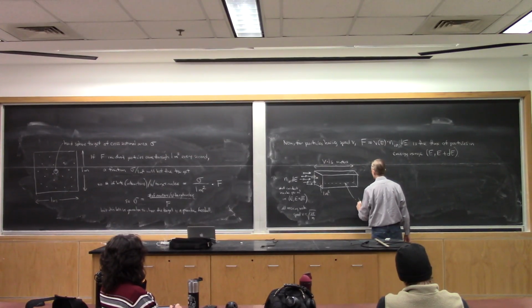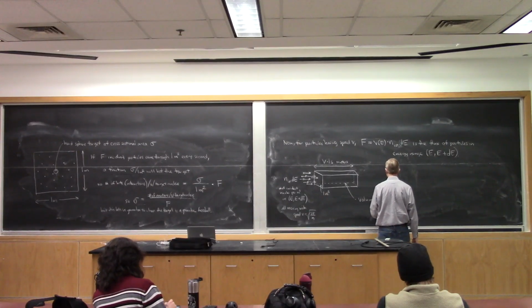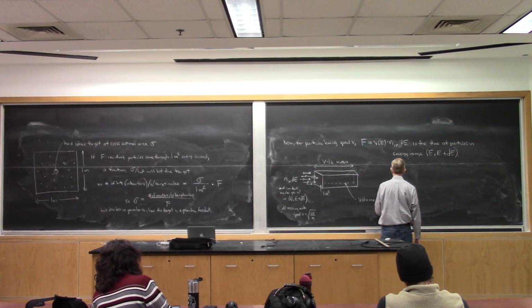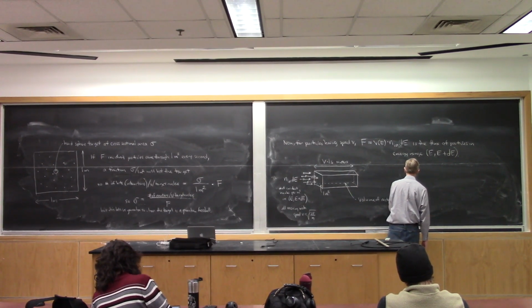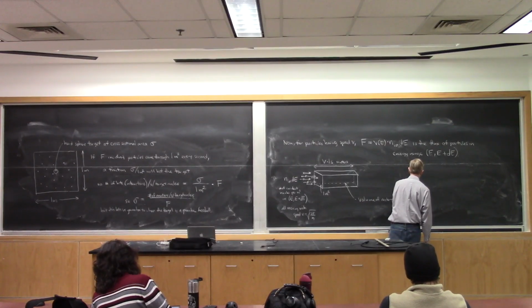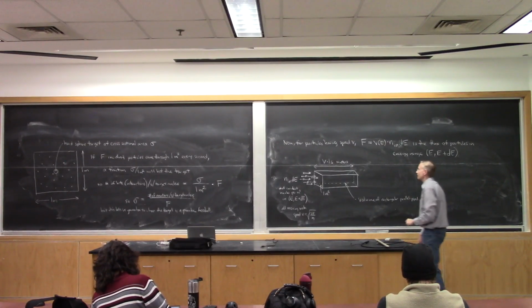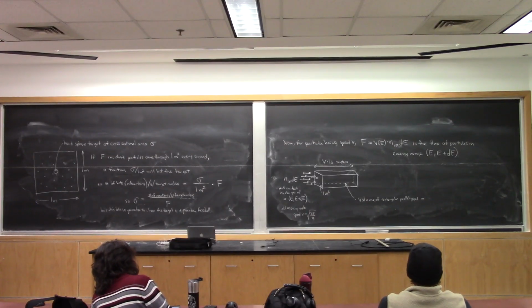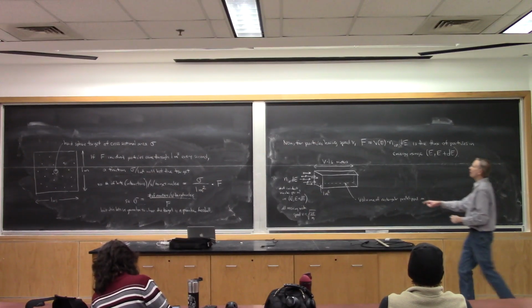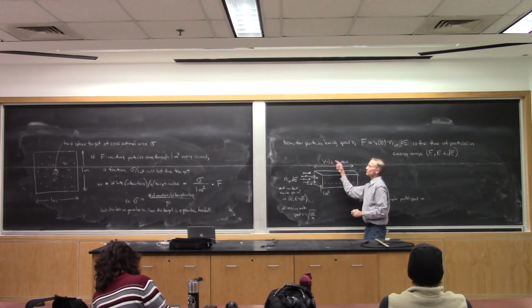So the volume of the rectangular parallelepiped, what's the volume of that rectangular parallelepiped? How many cubic meters is it? Yes, V for vendetta, right? Because it's 1 square meter times V times 1 second.